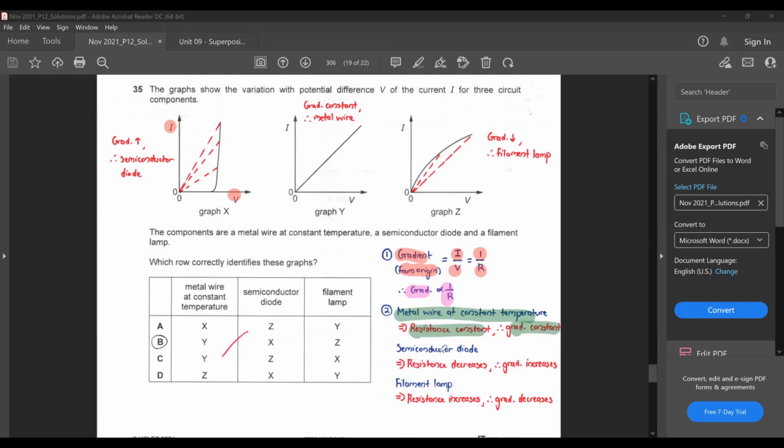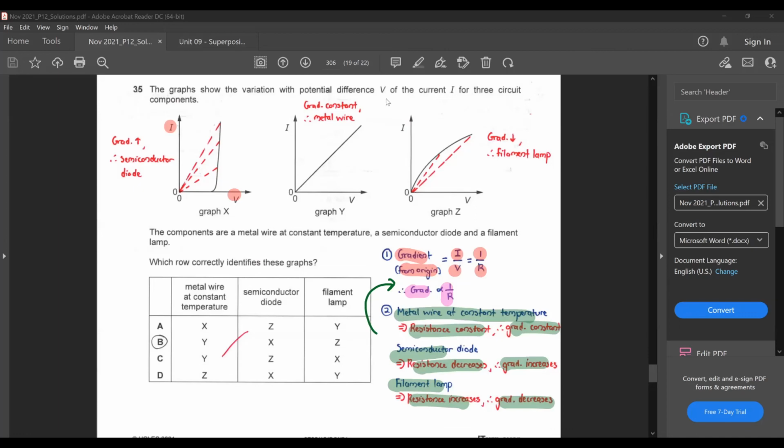If you have a semiconductor, the resistance ought to decrease, so the gradient will be increasing. If you have a filament lamp, the resistance should be increasing, so the gradient should be decreasing. This is based on this relation here. Now you look at your graph. Which one seems to have the gradients changing like what's being described here?